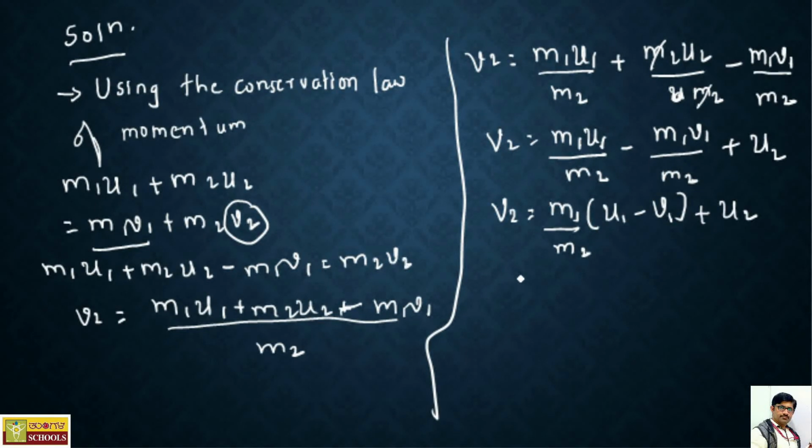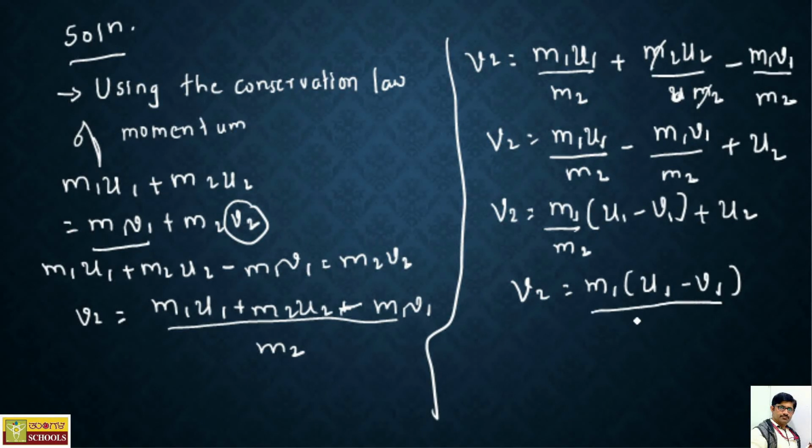Therefore I can write v2 as m1 into u1 minus v1, this whole divided by m2, no problem, then plus u2. So this is the formula used to calculate the recoil velocity of the body, such as a pistol. V2 is equal to M1 into U1 minus V1 divided by M2 plus U2.